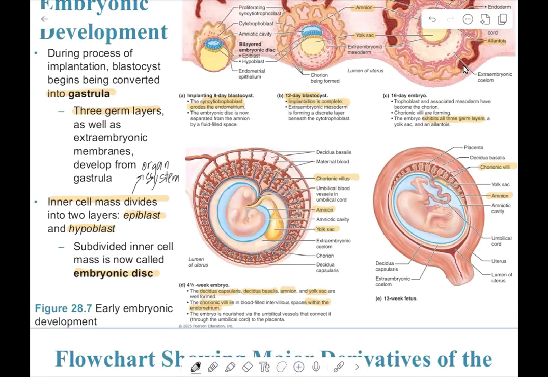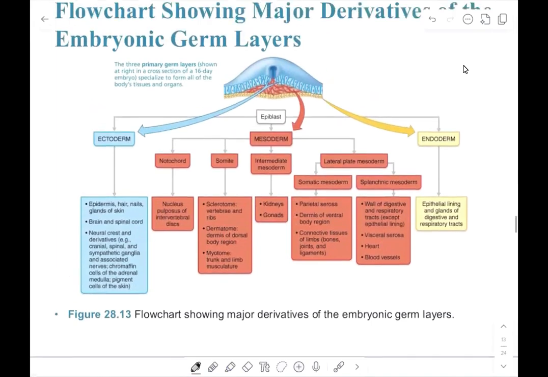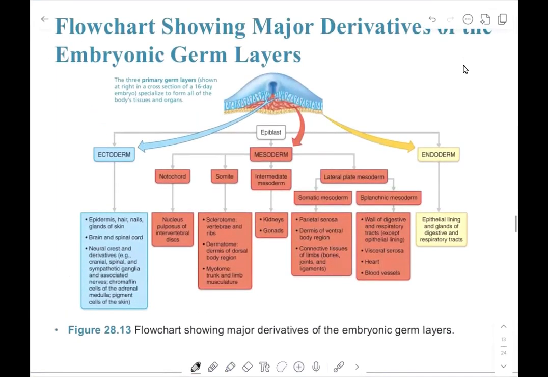On our next slide, we are going to see a flow chart of the germ layers here, and you don't need to know every single thing that's shown in this slide. What's happening is the epiblast is separating into these three different germ layers.